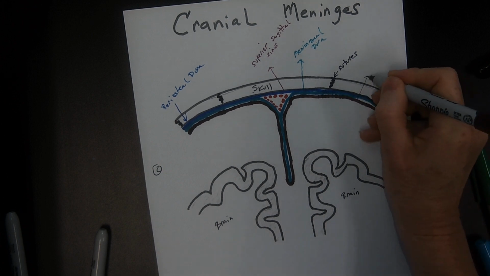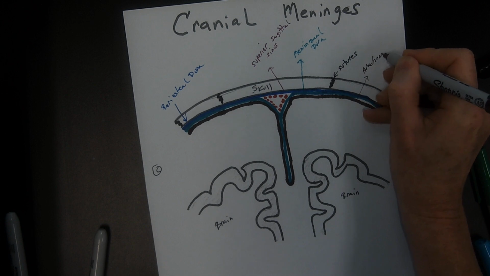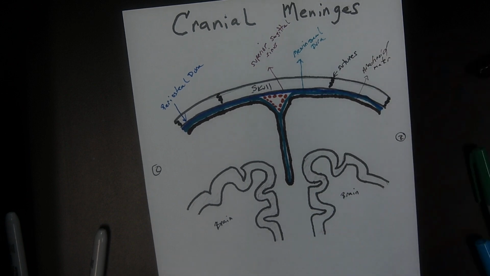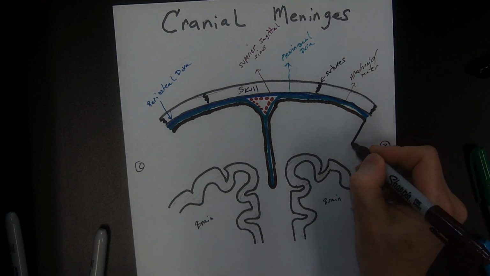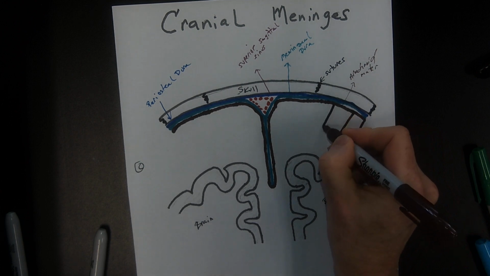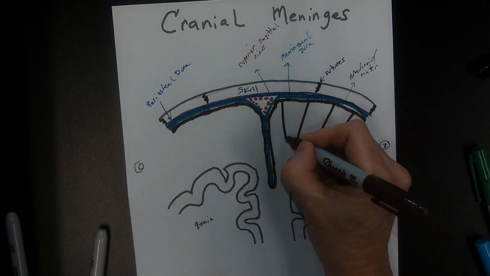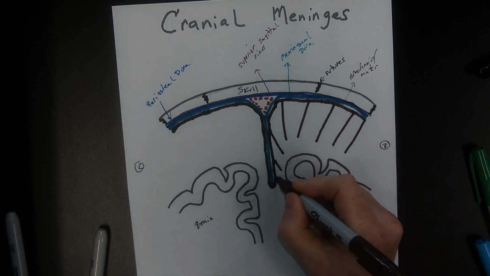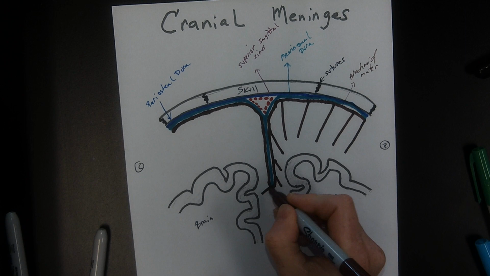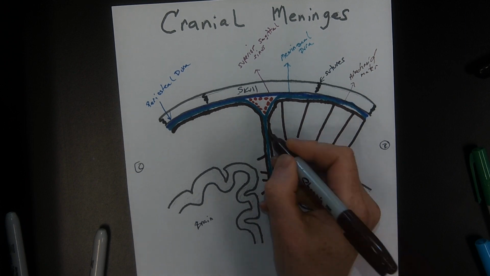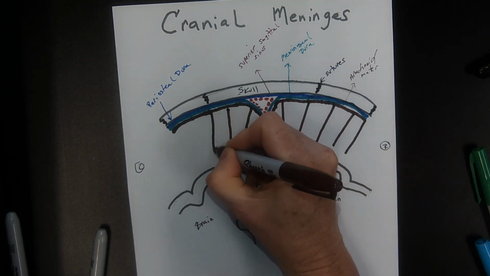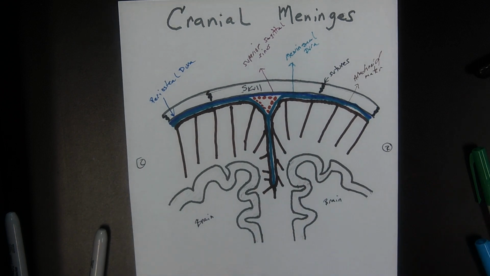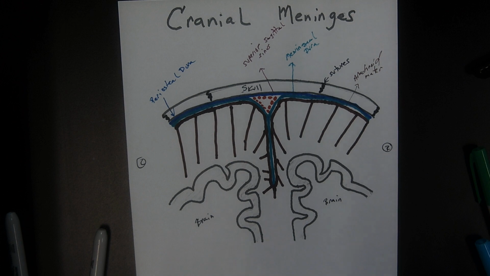This is going to be your arachnoid mater. Okay, and coming off your arachnoid mater, you're going to have your trabeculae. Okay, all of those are your trabeculae.